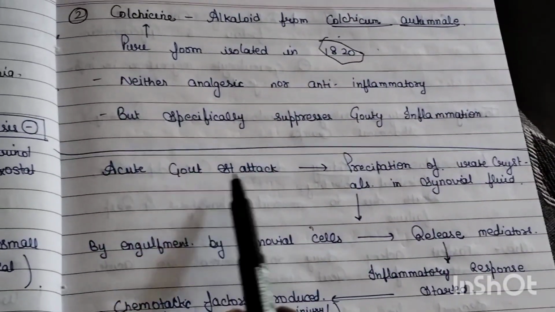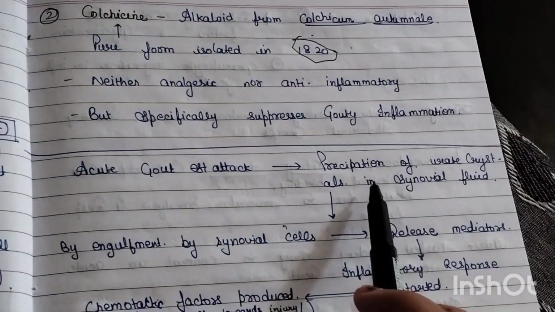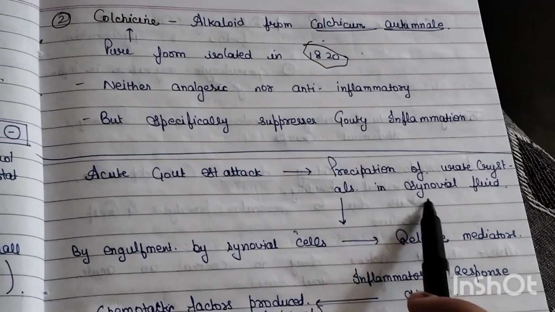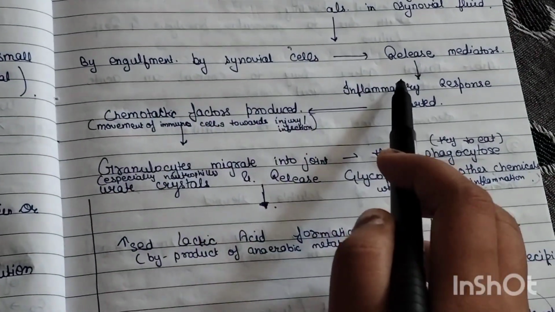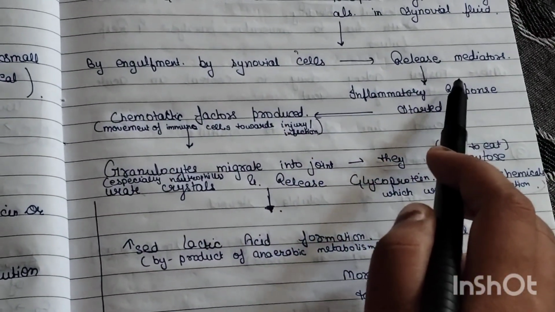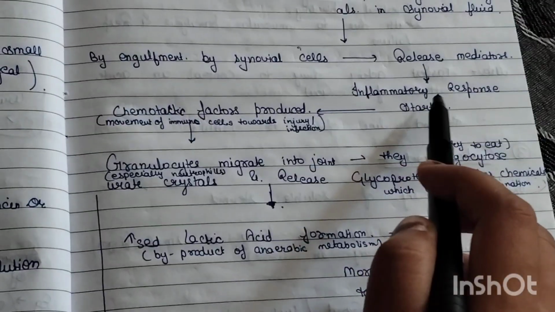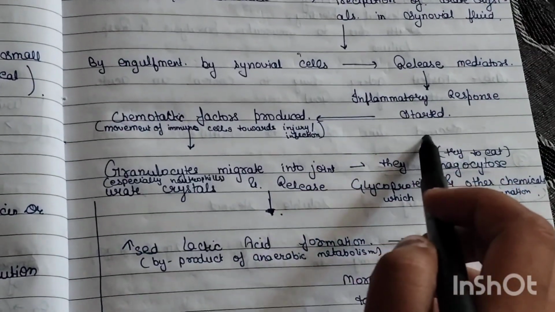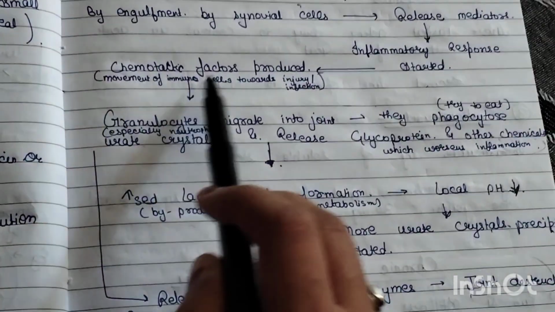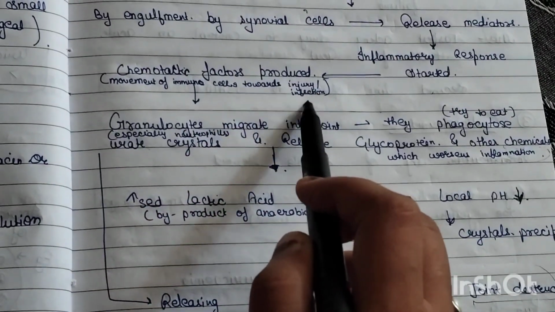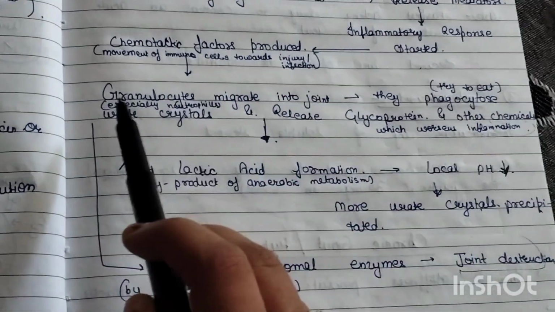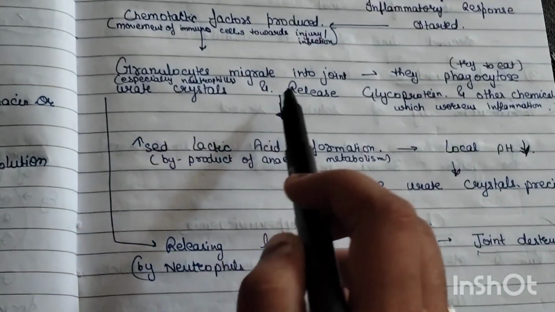When an acute gout attack occurs, there is precipitation of urate crystals in the synovial fluid. When these urate crystals form, they are engulfed by synovial cells, which release mediators, and then the inflammatory response starts. After the inflammatory response, chemotactic factors are produced, and then granulocytes migrate into the joint.